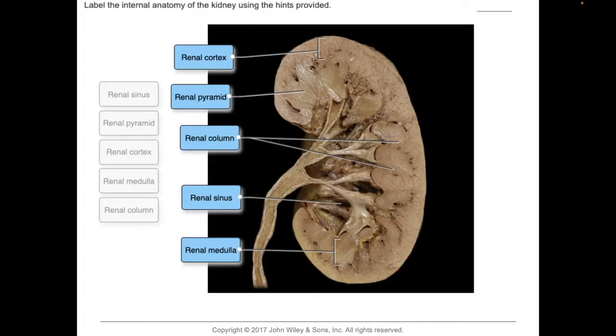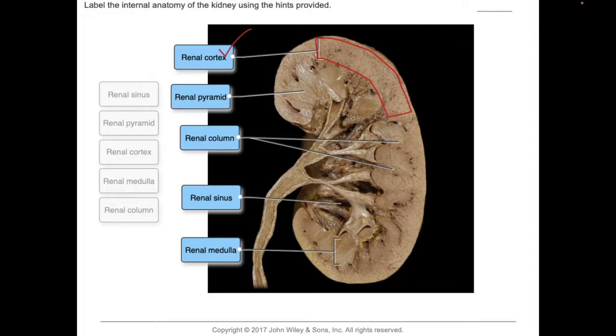So in this cross section of the kidney, and this is a view that you should get used to seeing, it's slicing it down the center, and we're looking at the back half of the kidney. This outer portion here is the renal cortex, all the way around.